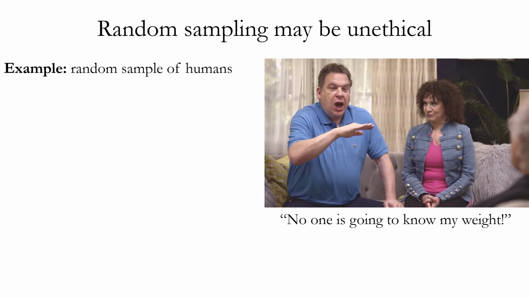Then what happens if they don't want to cooperate with your study? They don't come voluntarily. In order to get data from them, you'd have to force them to participate. So suppose Jeff here doesn't want anyone to know his weight. Maybe he's embarrassed about it or whatever. Then we'd have to what? Kidnap him, drug him. It's an absurd scenario, but the point is random sampling is often difficult with humans because of ethical reasons. And this can happen with other types of things too.